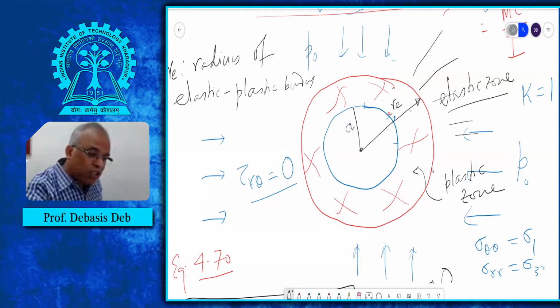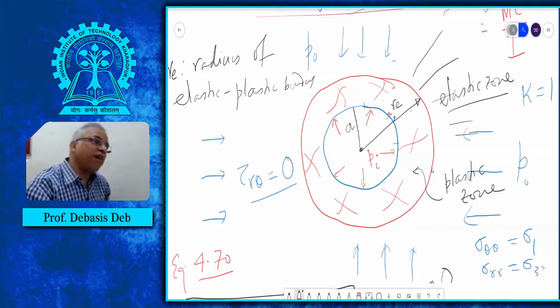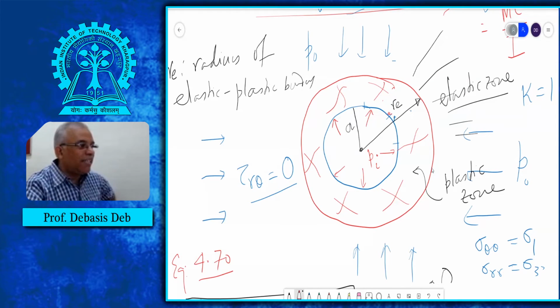And to reduce that, what type of PI do I have to apply? Let's say there is an internal pressure I am applying. Even with this internal pressure, RE will be formed, where RE is more than A. But what will be that PI at which I can stop this failure process? This is what we are trying to find.